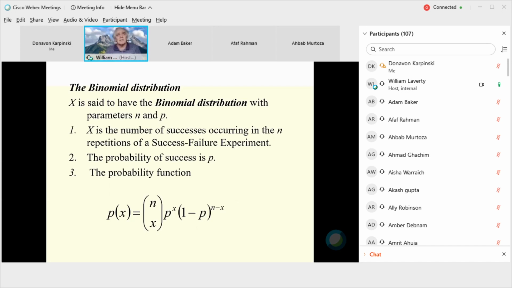So there you can have an infinite number of possible time points where the event can occur. This has what's called the Poisson distribution. We won't be looking at that. Ours will just be where you have successes occurring at time points 1, 2, up to n, and p is the probability of success. So there's a discrete case.